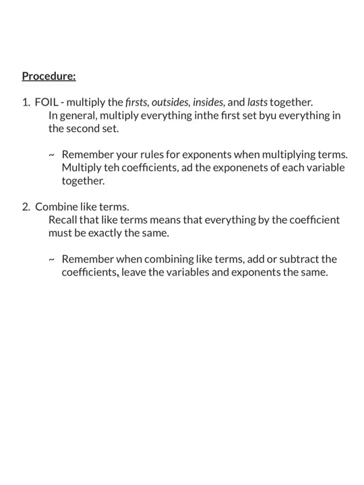And so recall that like terms means that everything but the coefficient must be exactly the same. Man, I'm just looking at my typing and thinking, I've got lots of typos in here. But we're not going to worry about them right now, because they are correct on the notes. Okay, anyway, combine like terms. Remember that everything but the coefficient must be exactly the same. And that remember when combining like terms, you want to add or subtract the coefficients. Leave the variables and exponents the same.